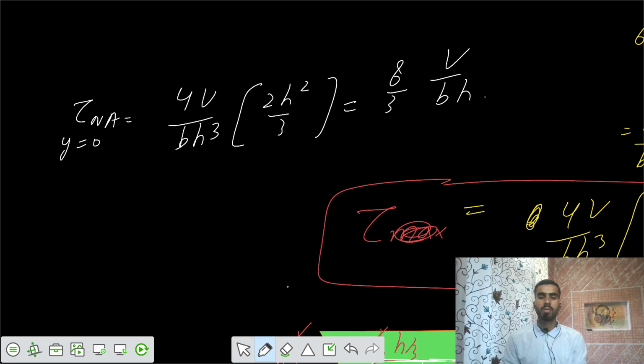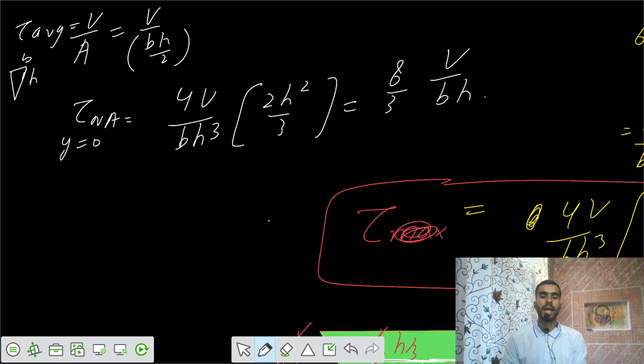If I want to take it in terms of average stress, we know that average stress equals shear force by area. And what is the area of the triangle? bh by 2. So this is the area. If you divide this one by 2, you have to divide this part also by 2.